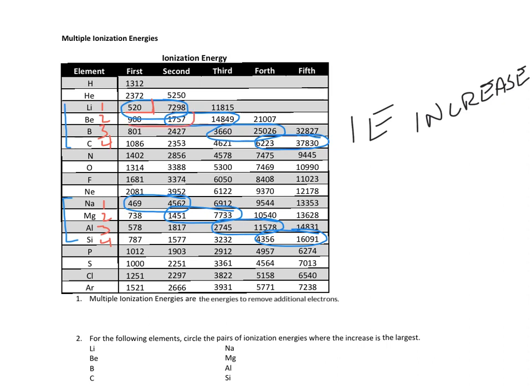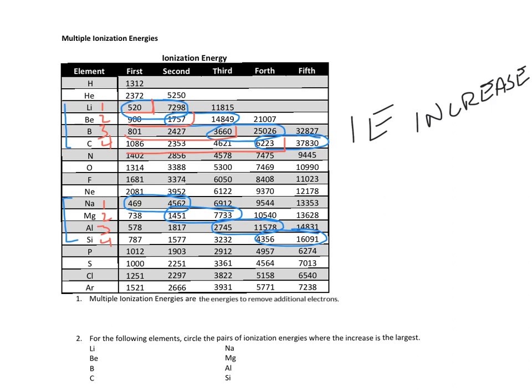These two are valence, then a big increase. These three are valence, and then a big increase. These four are valence, and then a large increase. So if you spot where the increase happens, you know that before the increase, that was removing valence electrons. And after the increase, you're now removing inner electrons.